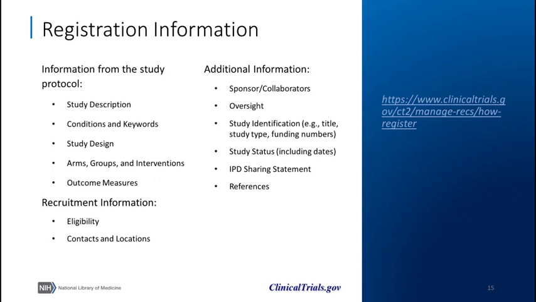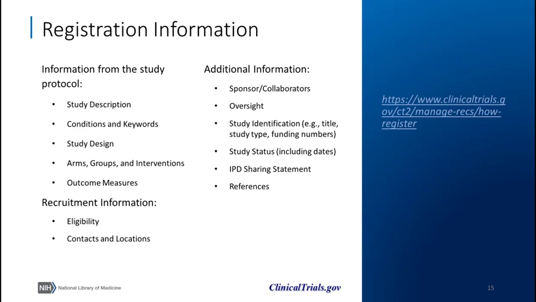Registration of the ClinicalTrials.gov record captures the following types of information. Details transferred over from the study protocol document help to populate the study description, conditions and keywords, study design, arms, groups, and interventions, and outcome measures modules in the protocol section. Recruitment information is represented in the eligibility and contacts and locations modules.